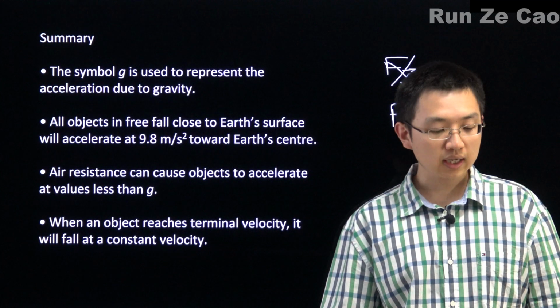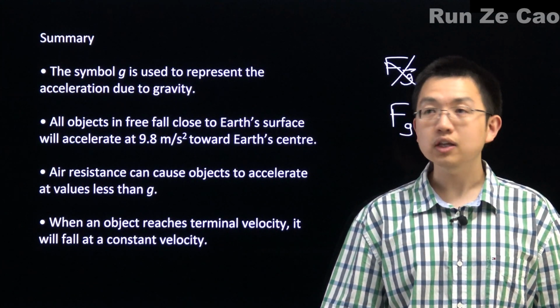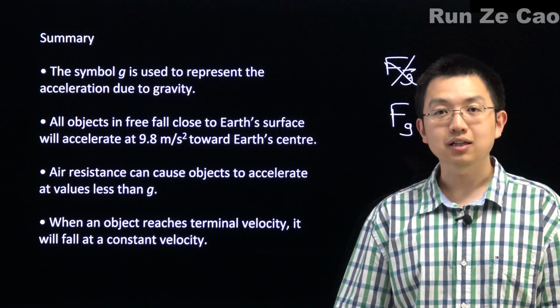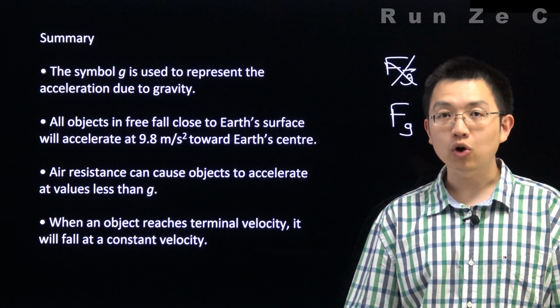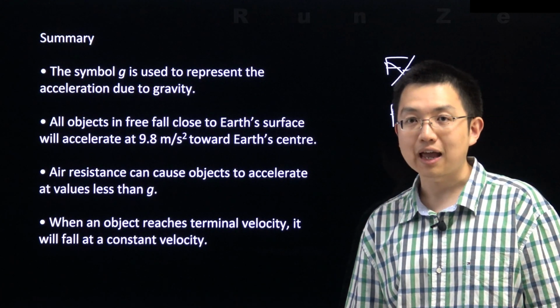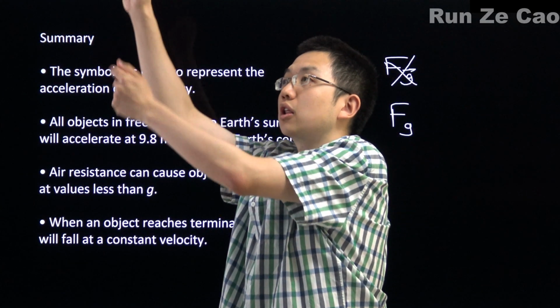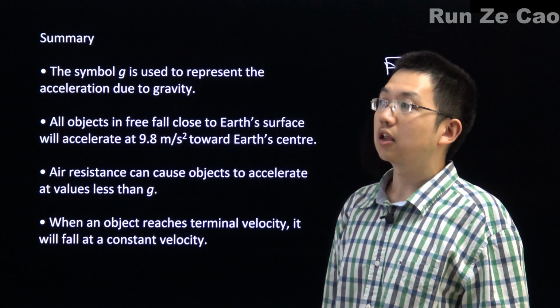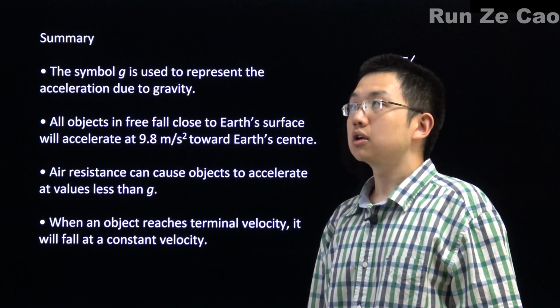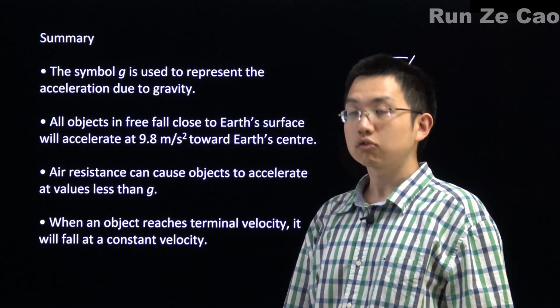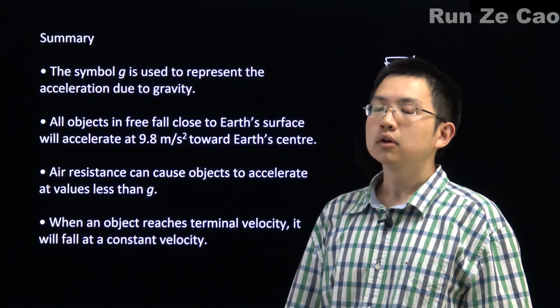And next section, we get to notice the not minor fact that the world does not work in one dimension at a time. When you're throwing a basketball toward the net, the hoop, you are not just throwing it straight up, hopefully.